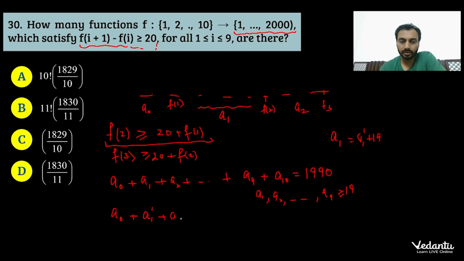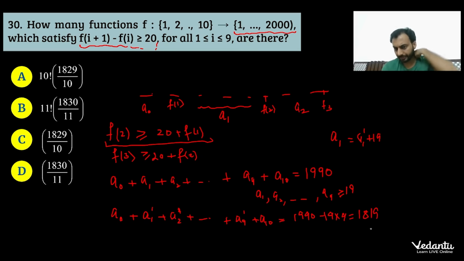So we get a0 plus a1 dash plus a2 dash up to a9 dash plus a10 is equal to 1990 minus 19 times 9. So what we get from here is 1819.